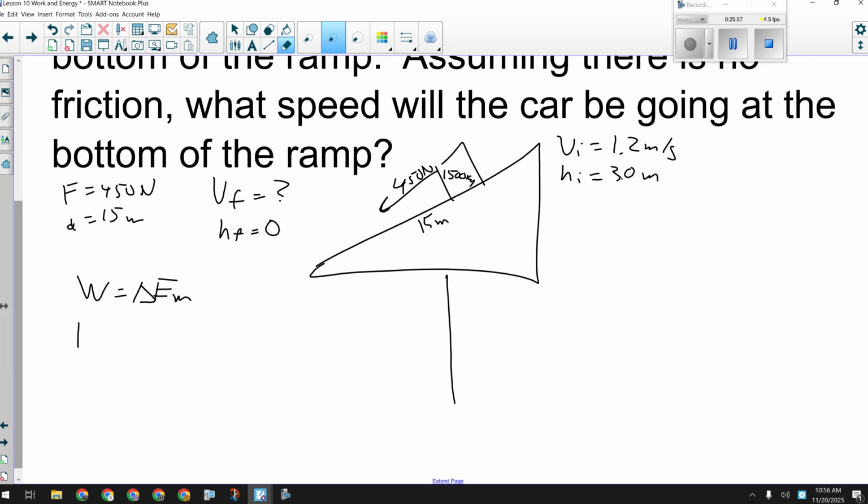So force times distance equals EK final plus EP final minus EK initial plus EP initial. Would that be true for this situation? I can even make it simpler because EP final is 0. Final position is the bottom of the ramp, so I can take that part out.